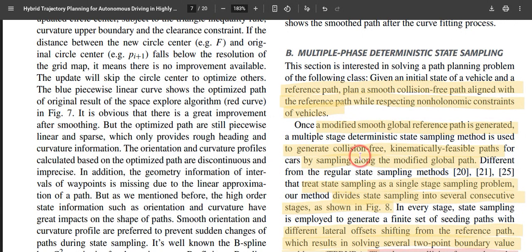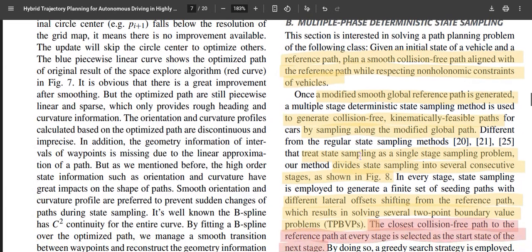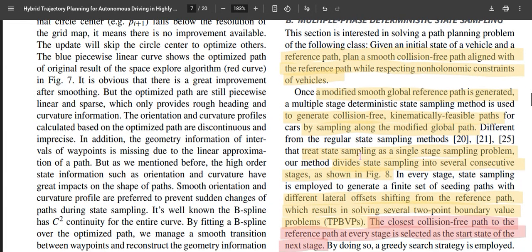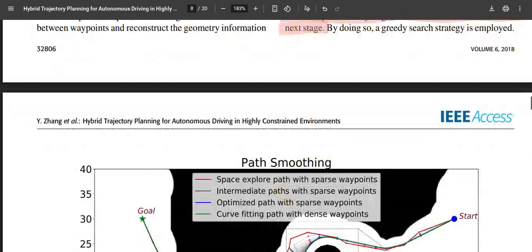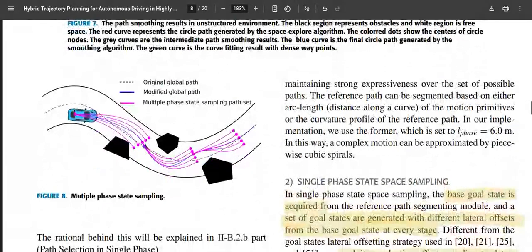So what does this mean? It is the same as a single-stage state sampling method. The single-stage state sampling method is similar to solving two-point boundary value problems. What they try to do is make a goal point, then laterally offset different points along it, and try to connect the best path from the initial point to the different goal points.